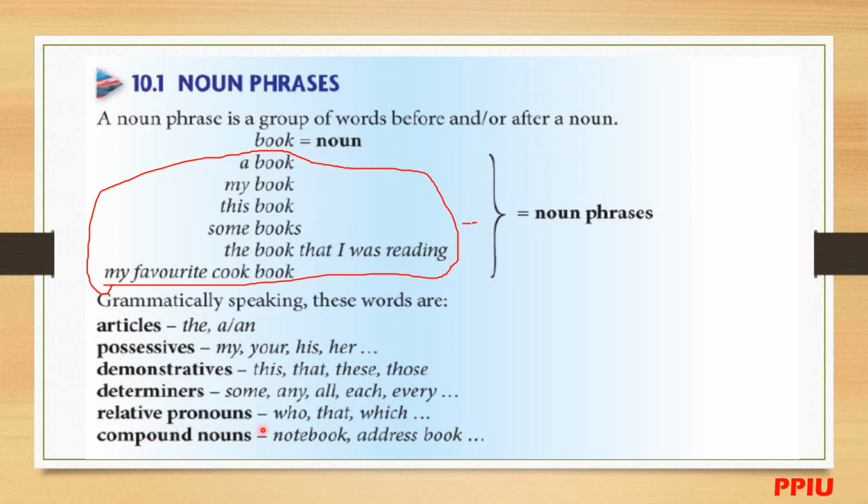Relative pronouns: who, that, which. Compound nouns: notebook, address book. So all the things that we use to combine with noun phrases in here. Okay, so all of these things are noun phrases. We learn about noun phrases.